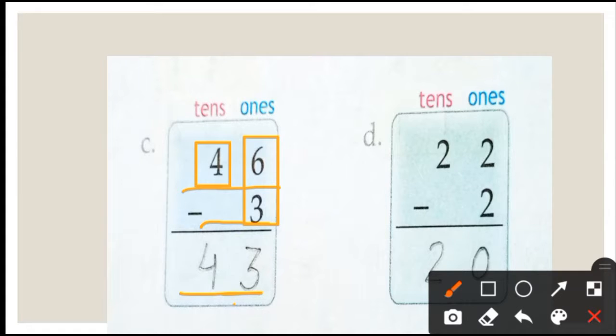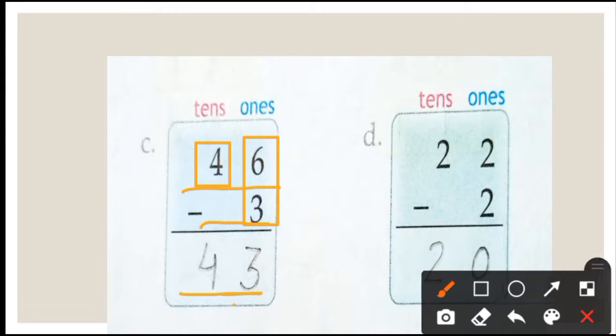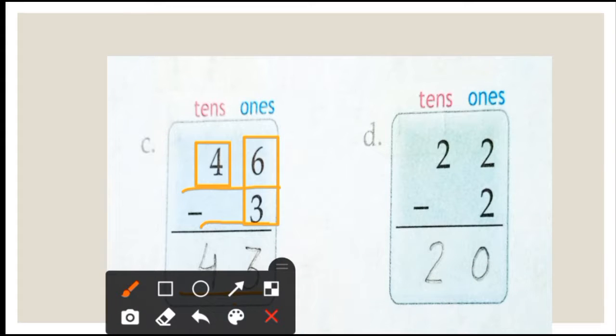Now we will move on to question number D, and the digits are, now I am going to read tens and ones together, and the digits are 22 and 2. Now I am going to read our ones part, and the digits are 2 minus 2. Again in the tens part we have a single digit, that is 2.